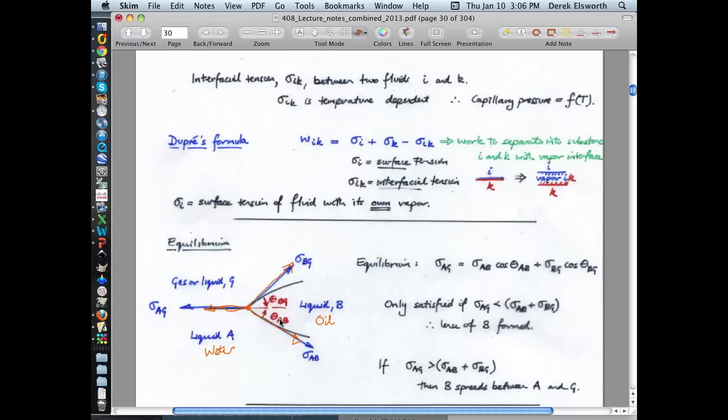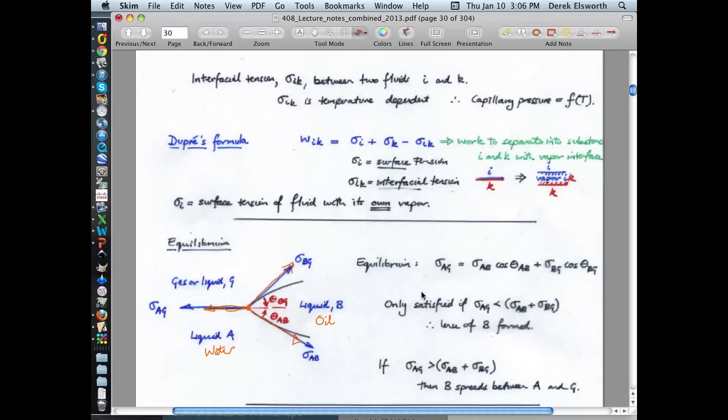And if the force pulling them to your left is bigger than the force pulling them to the right, you'd expect that this would take a thin layer which would cover the whole of the swimming pool, and you'd have the air above it, you'd have the gasoline on the water of the swimming pool as a sheen, and you'd have the water underneath. Or if the force pulling it to the right is larger, then it would sit on the surface as a blob and wouldn't get bigger than this blob, which would have some height attached to it.